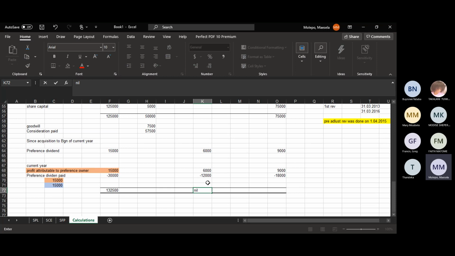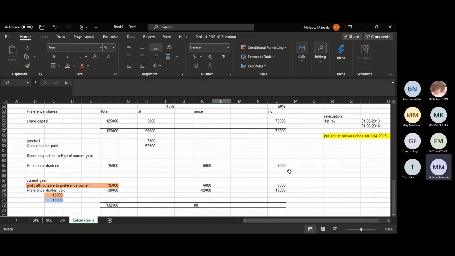It's two positives and one negative, all together equal. And then here you remain only with the 75,000 from the top, because these ones cancel each other. Any questions so far?